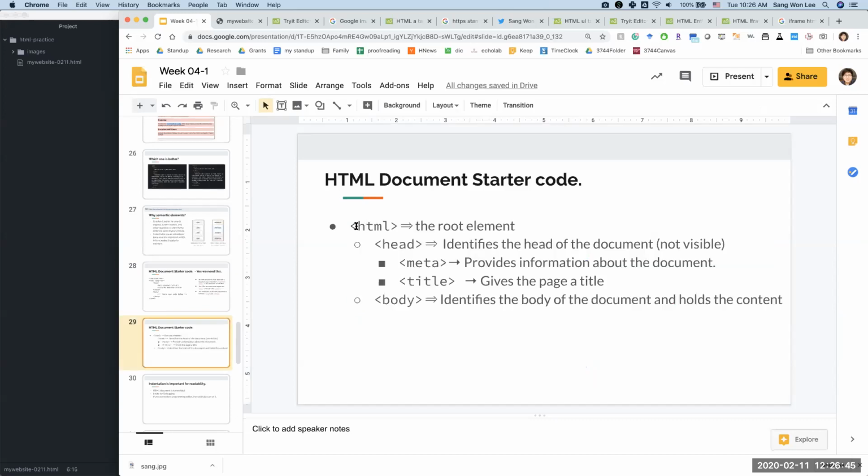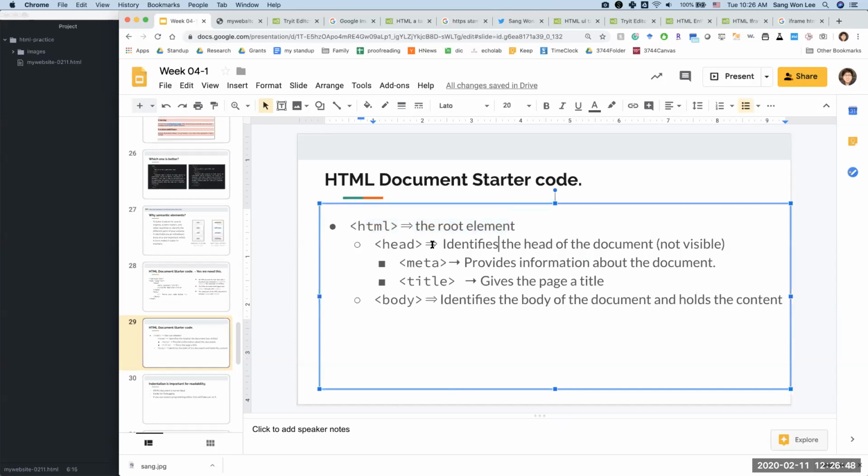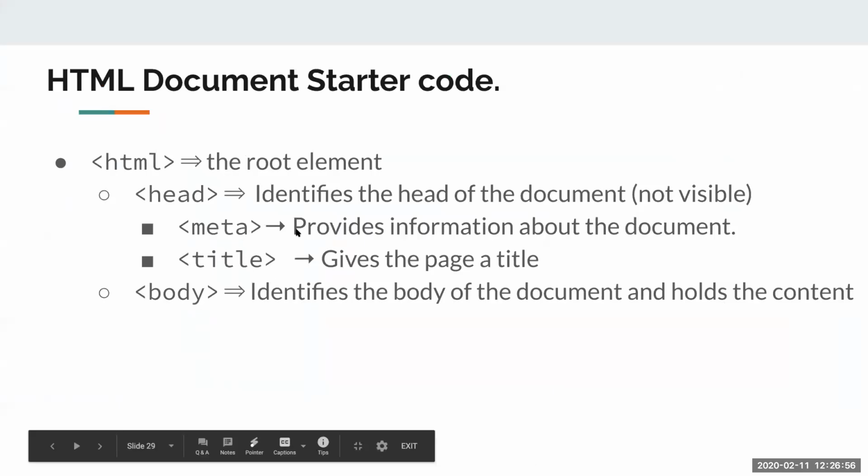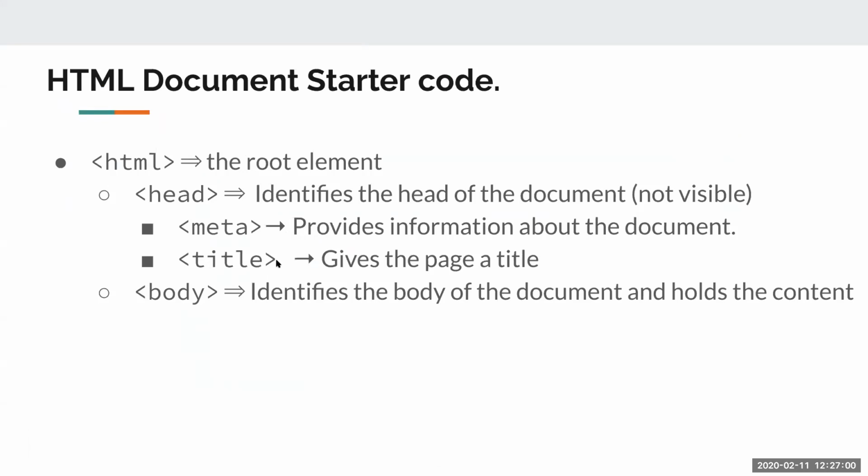So again, HTML is the root element. Head identifies the head of the document, which is not visible. Meta is the element that contains information about the document. Title gives the page a title. Body is the actual document content.